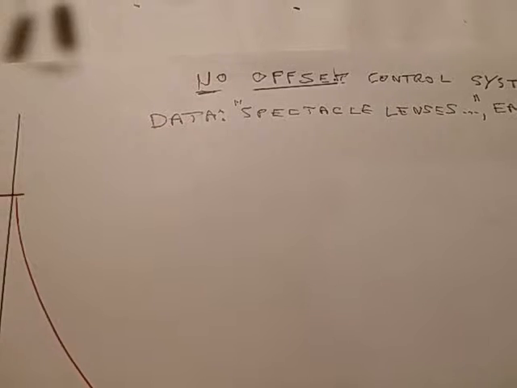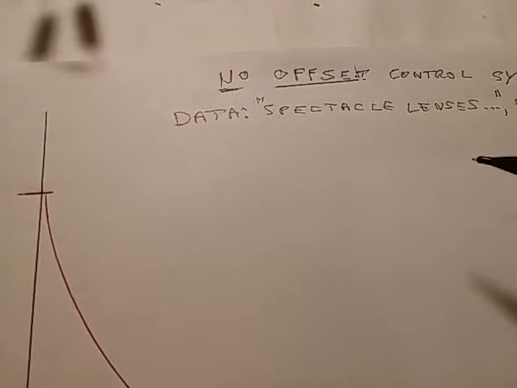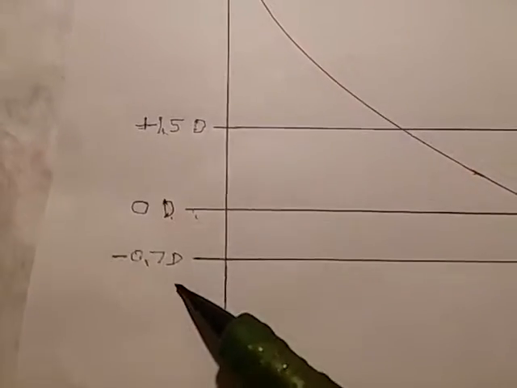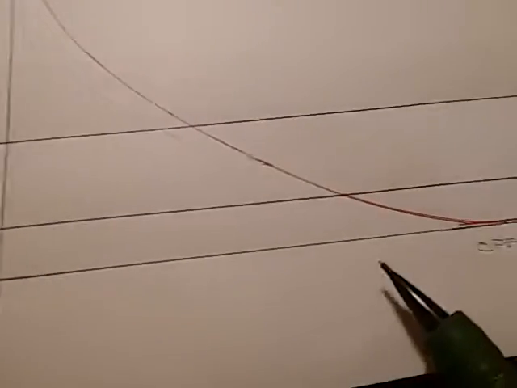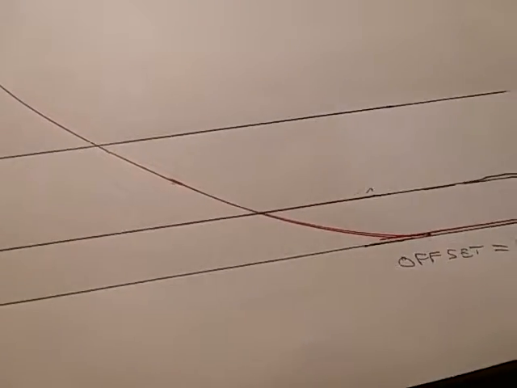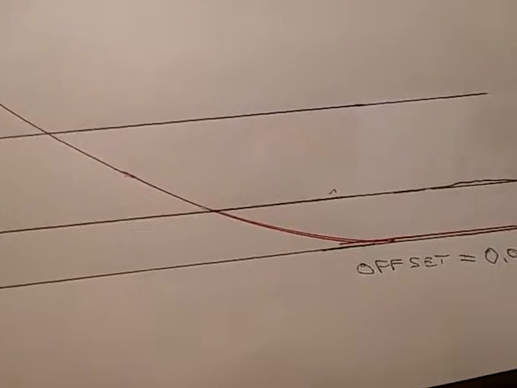The first sequence will be the no offset, where the system is driven by the accommodation signal, which of course then leads to an offset of 0.